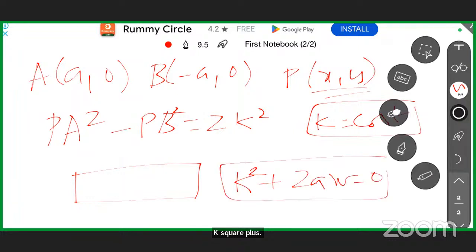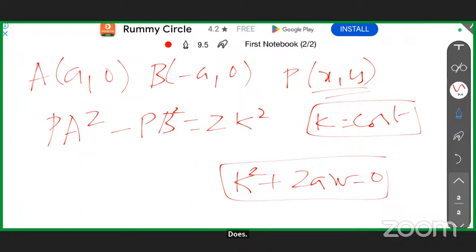Is it PA square minus PB square or PA square plus PB square? PA square minus PB square is equal to 2k square. There is no concept of ellipse or hyperbola here, just a normal condition of points.